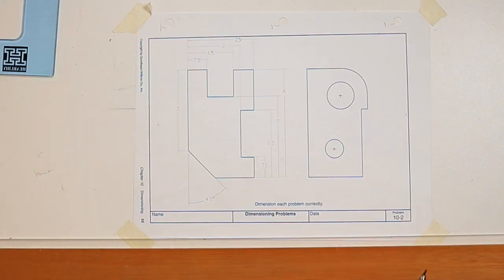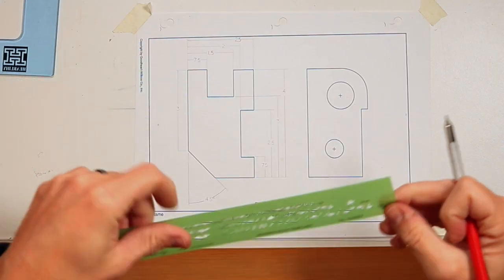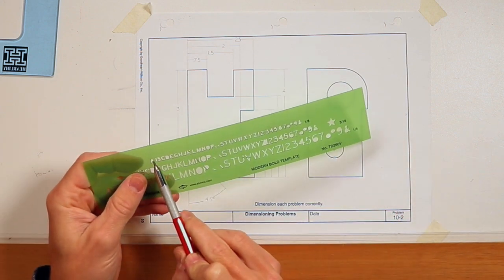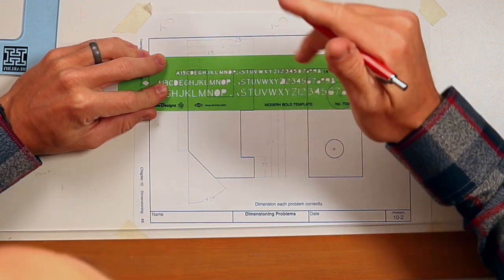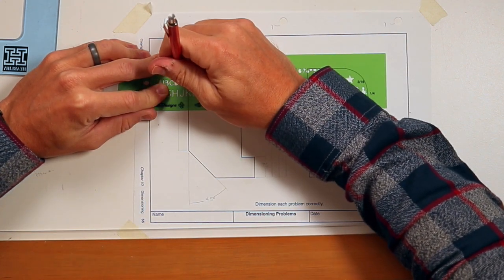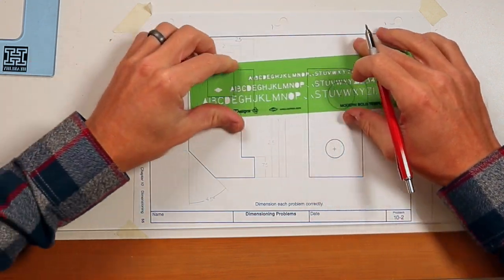Once you have your numbers in, the last thing to do is add your arrows. So I recommend using the A in your lettering stencil to get a consistent look. Technically the arrows should be 3 times longer than they are wide, but this will work fairly well.